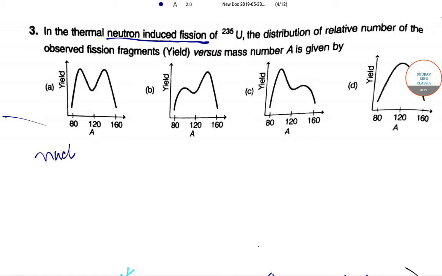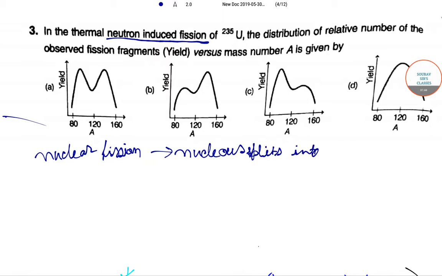Nuclear fission is a process in which a nucleus splits into some smaller and lighter nuclei.